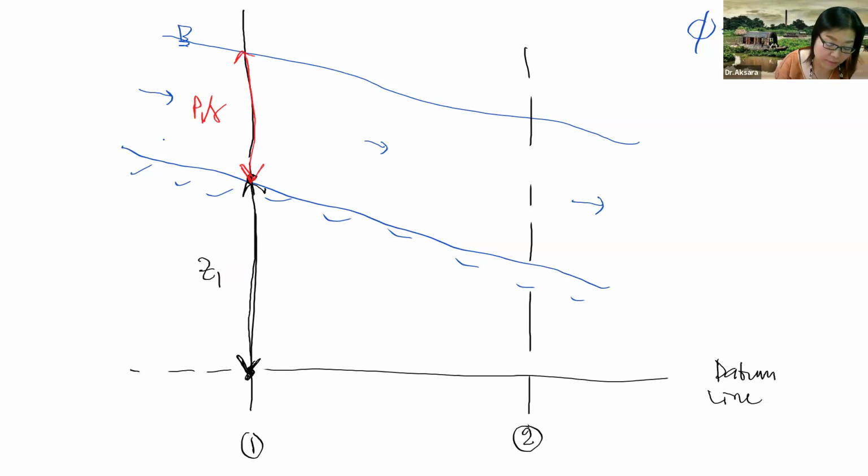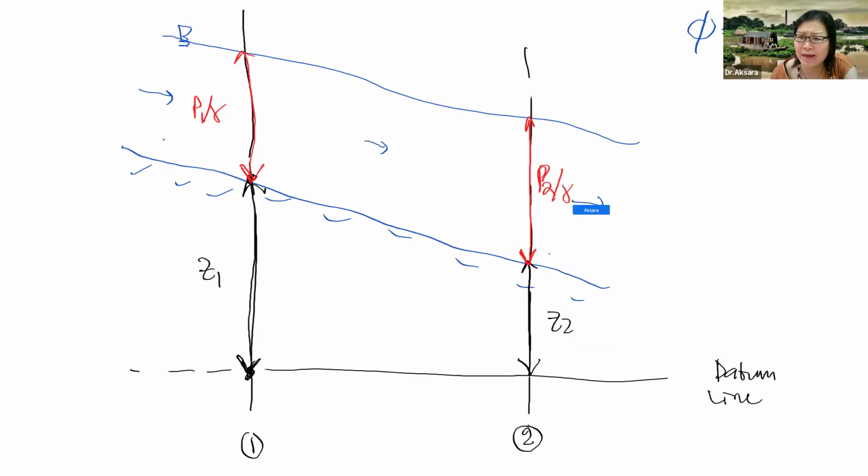The measurement from the datum line to the bottom of the channel in section 2 is Z2. And the measurement from the bottom of the stream or river to the surface water level is P2 over gamma.